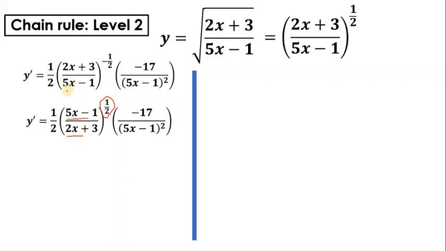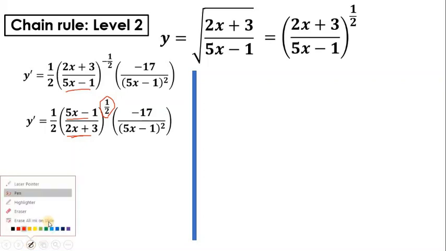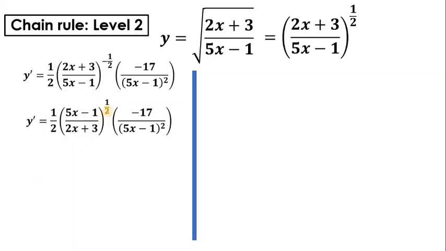Your 5x minus 1 is now your numerator, and your 2x plus 3, from numerator, is now your denominator. So that's the easiest way to make the power positive. Let me erase it for a while. There you have it.